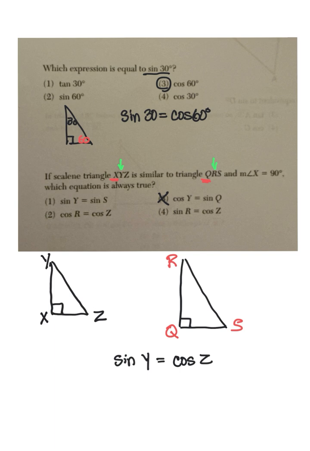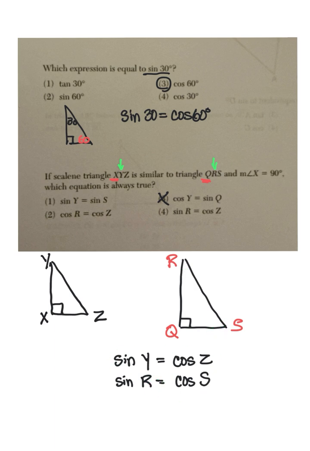Let me do the same thing on the triangle on the right. I'm going to write the sine of R would equal the cosine of S. Again, remember, the sine of this angle can equal the cosine of this one. The sine of this angle can equal the cosine of that one. So that's what I just wrote right down here.